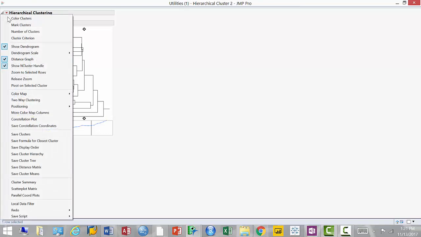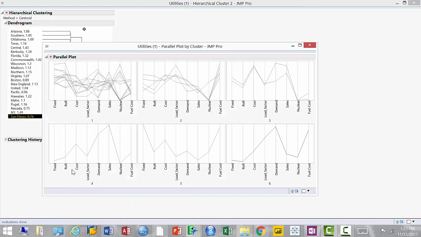Now let's go to the red triangle menu and let's do the, oh god, I believe it's supposed to be called parallel plot. Do you see parallel plot somewhere here? Constellation plot is one thing. Parallel coordinate plot at the bottom. At the bottom? Yeah, parallel coordinate plot. There you go. Okay, parallel coordinate plot.